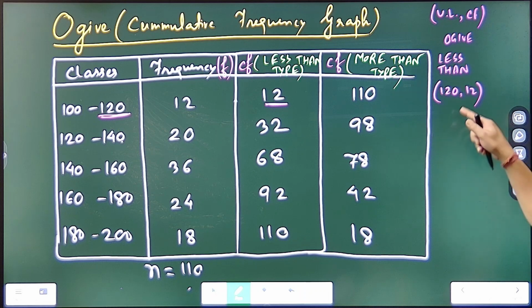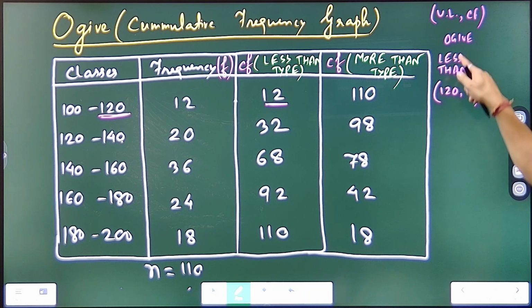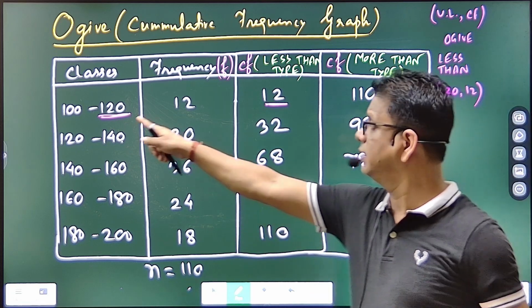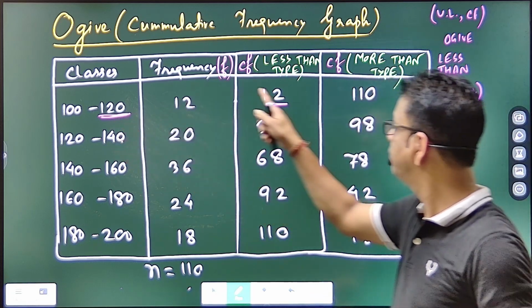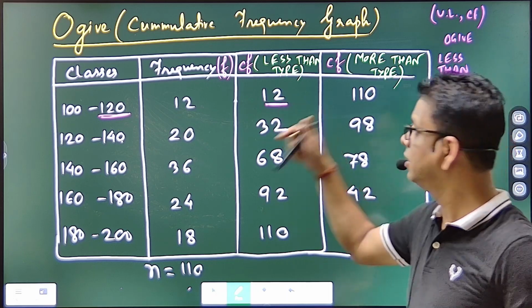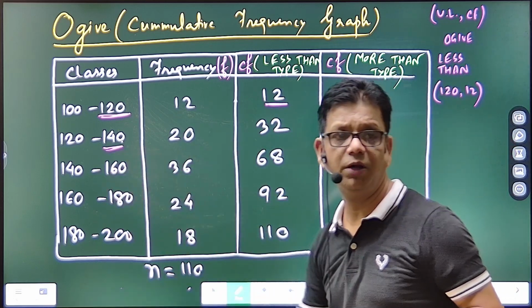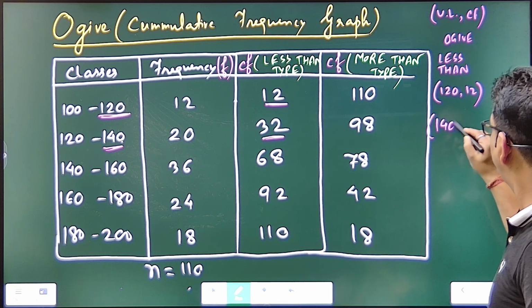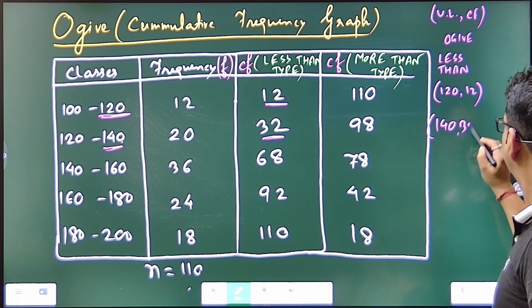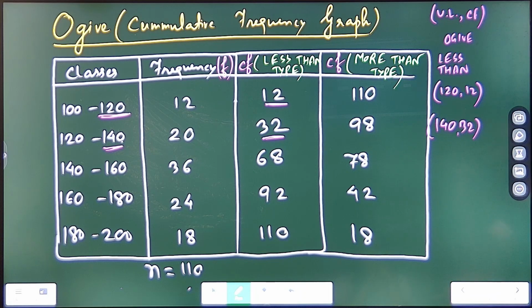So here the first one, ogive less than type. As I said, upper limit. Upper limit is what? 120. CF how much? 12. What is the next upper limit? 140. This is the next point to be plotted after some time. Say next, upper limit, CF.